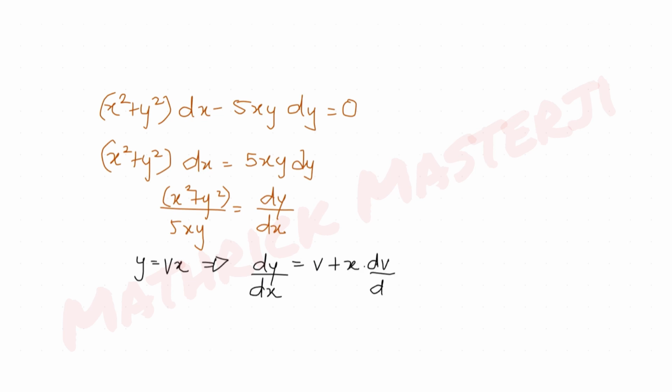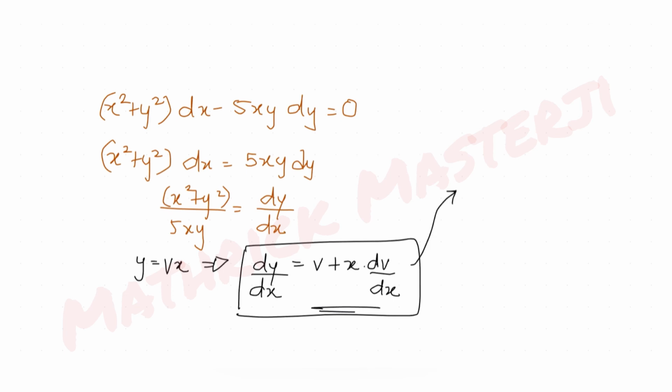So I get dy over dx as v + x dv/dx. Now I put this into the expression, so instead of dy over dx I substitute this, and the right side is (x² + y²) divided by 5xy.